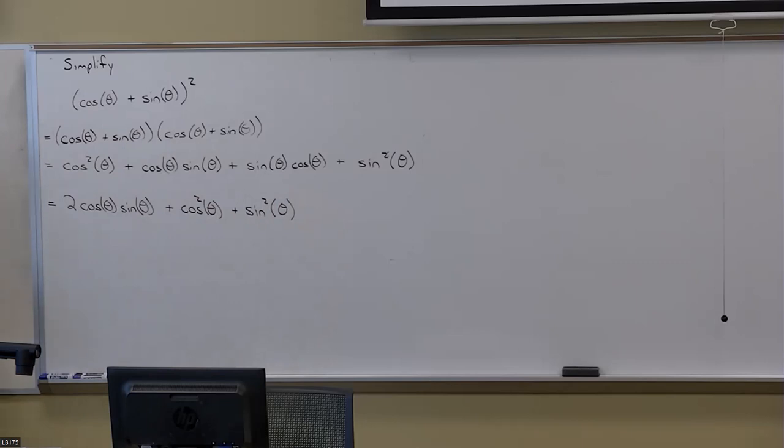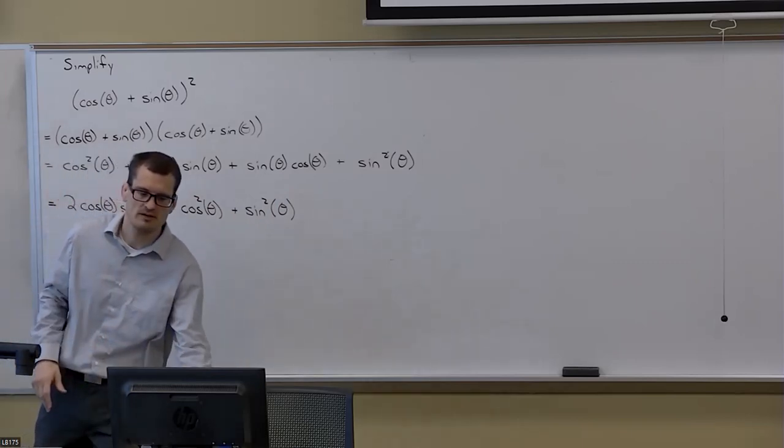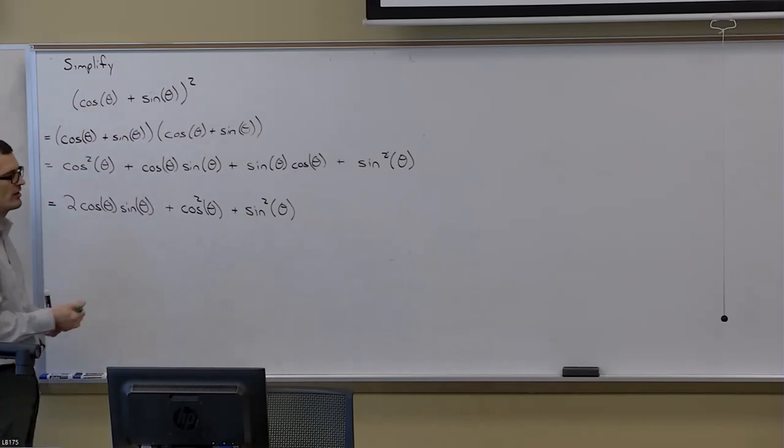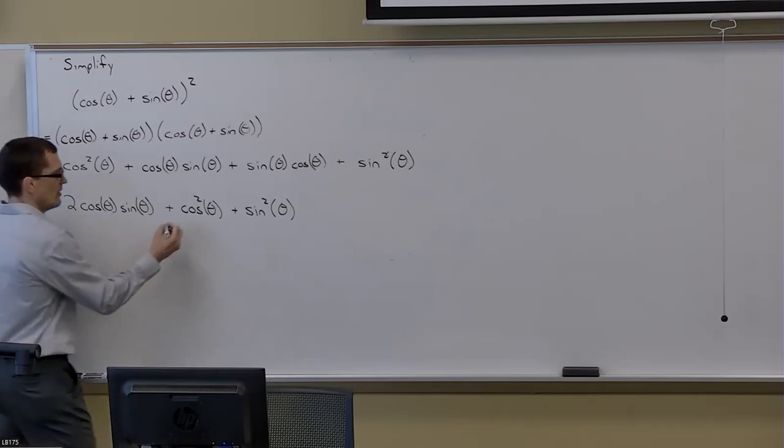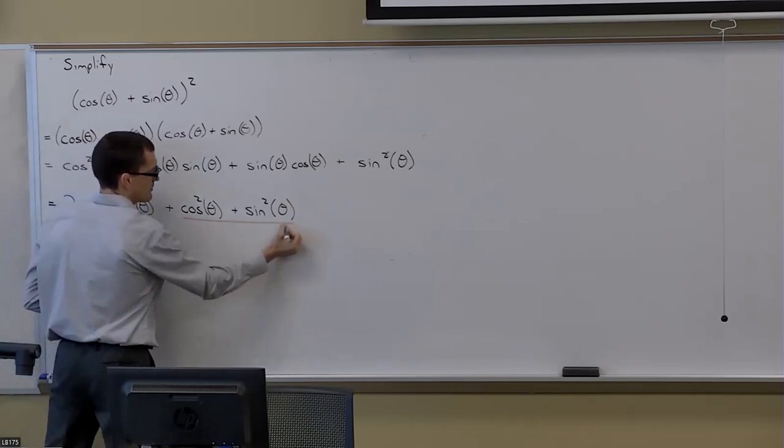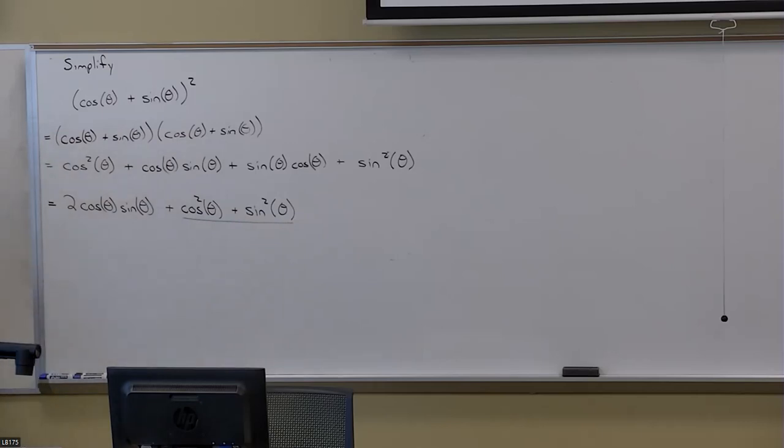Now it's fairly obvious why I'm doing that. I'm doing that because cosine squared plus sine squared is a Pythagorean identity, which is equal to 1. So this whole thing, cosine squared plus sine squared, can get replaced with the number 1.